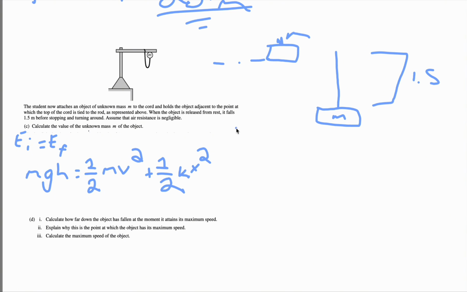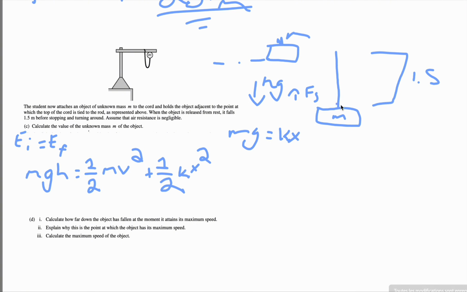If you were to try to use mg equals kx right here, you'd find when the acceleration of the block is 0, but it's still moving downward because initially your mg overpowers the spring force, the restorative force, until a certain point.